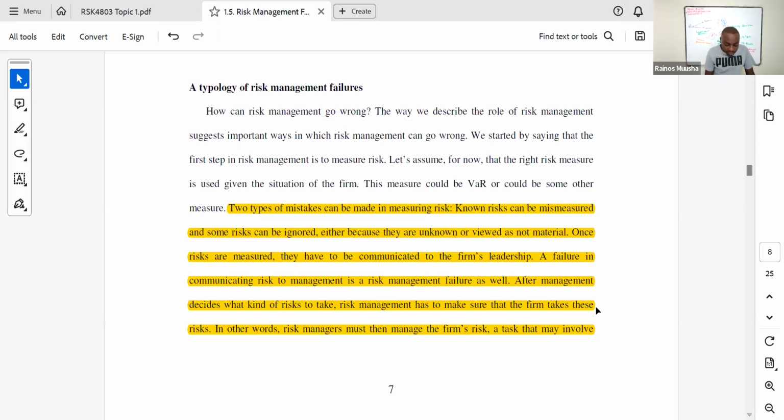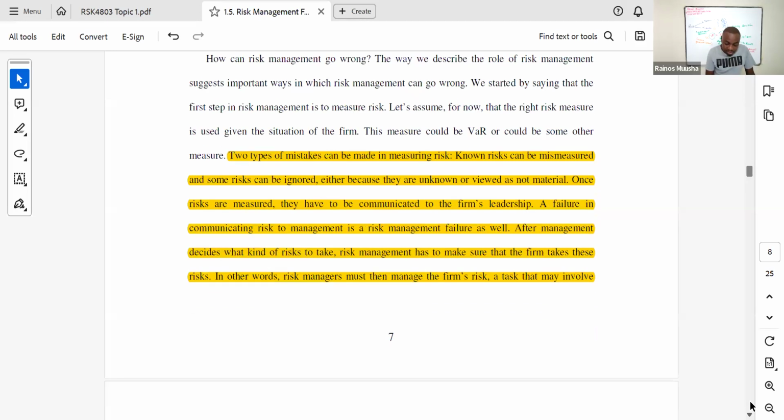They also go on to say a failure in communicating risk to management is a risk management failure as well. After management decides what kind of risk to take, risk management has to make sure that the firm takes these risks.